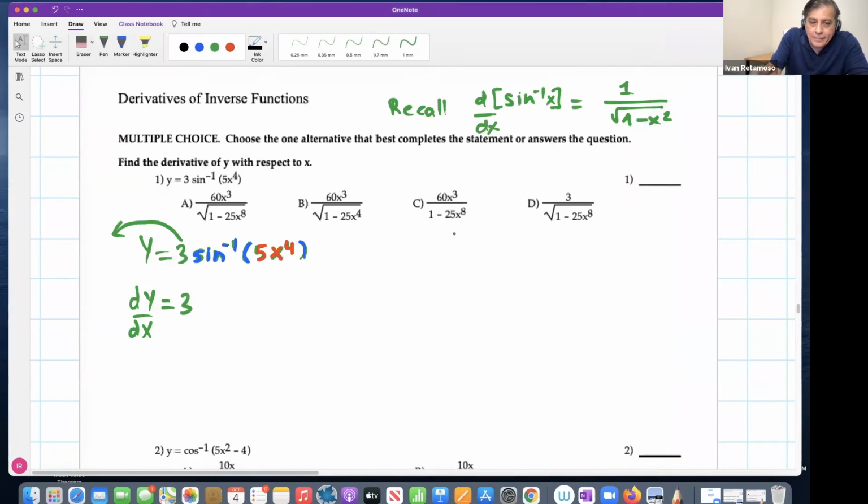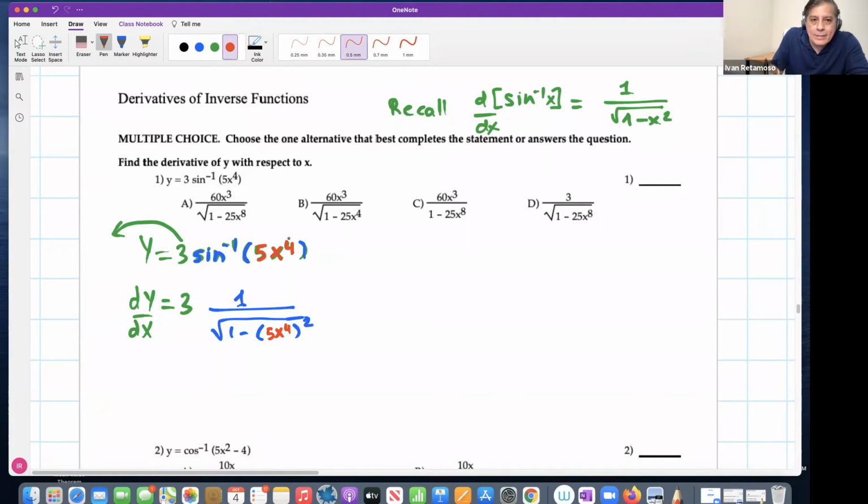So now this is our first step. 1 over the square root of 1 minus something squared. But what is that something squared? This, the inside function, right? You leave this alone here: 5x to the 4th.